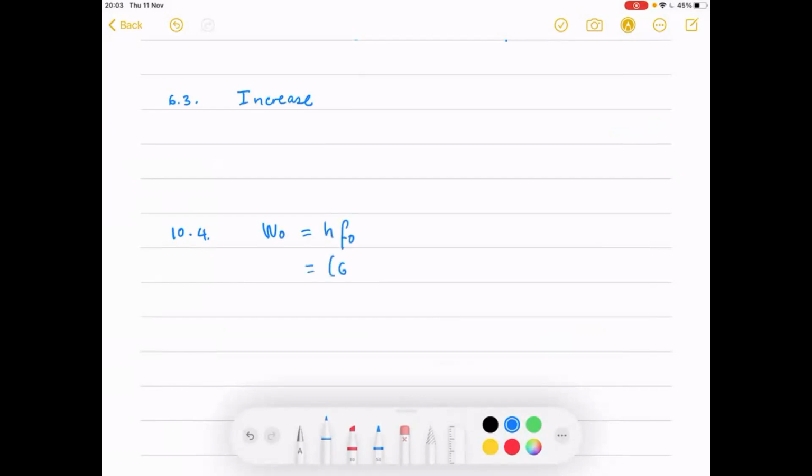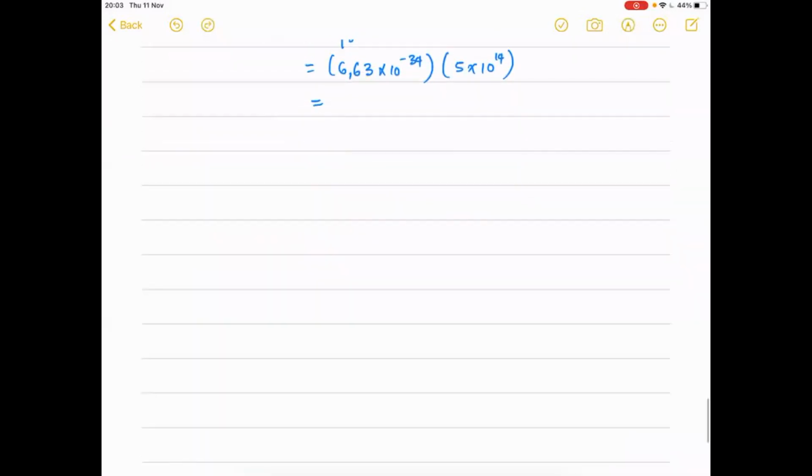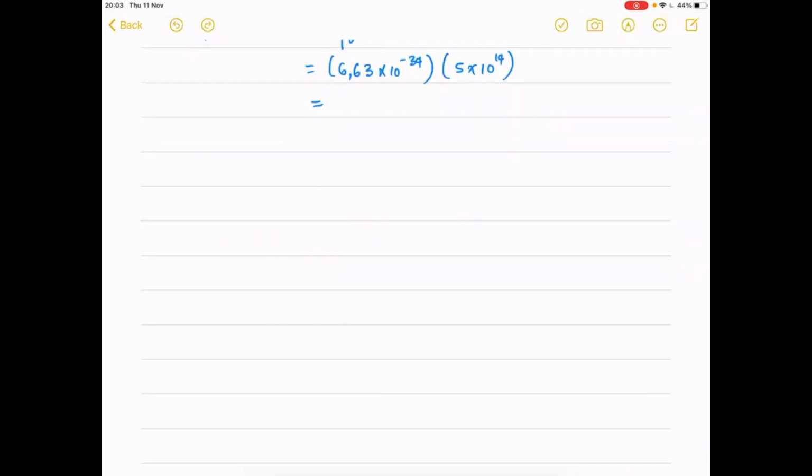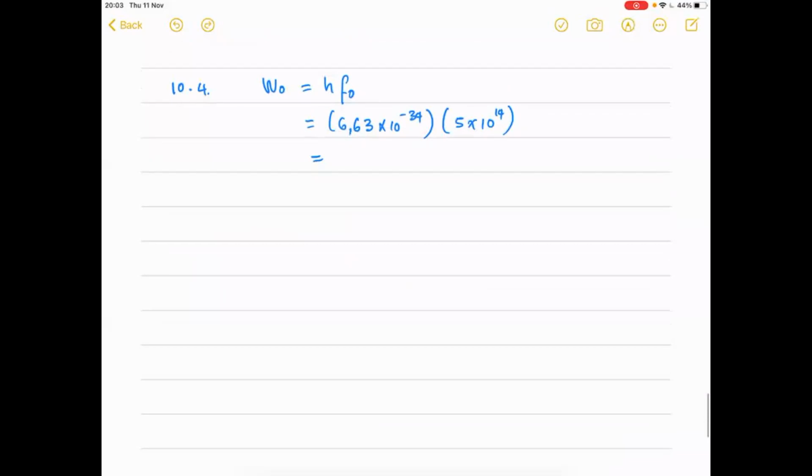That is 6.63 times 10 to the minus 34 times 5 times 10 to the 14. If we do that, we should get 3.32 times 10 to the minus 19 joules. That's the work function.